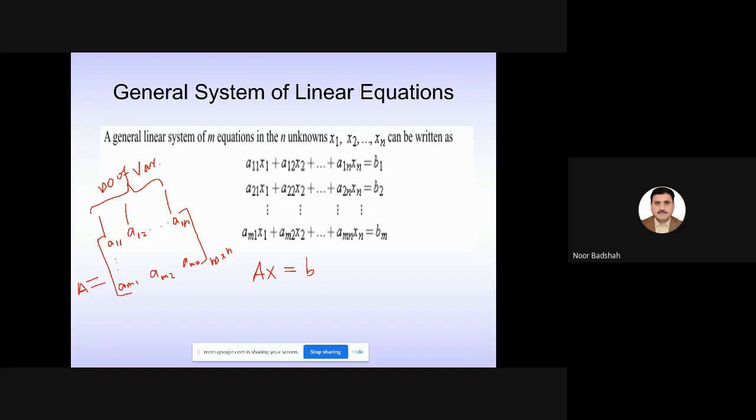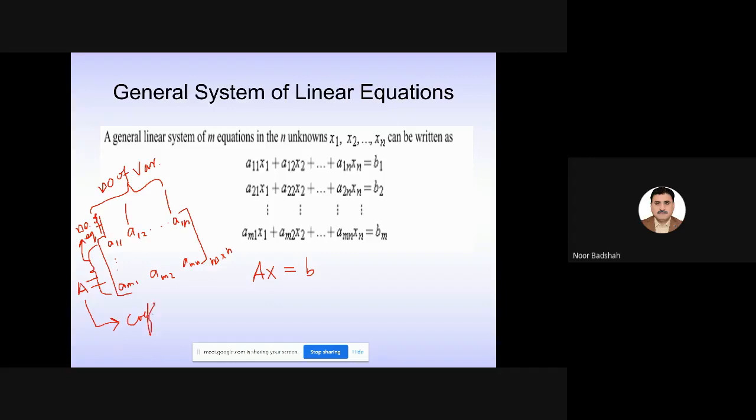Whereas the number of rows determines the number of equations. If you have 3 columns and 3 rows, it means in the system there will be 3 equations and 3 unknowns, 3 variables, right? And that happens in the coefficient matrix.